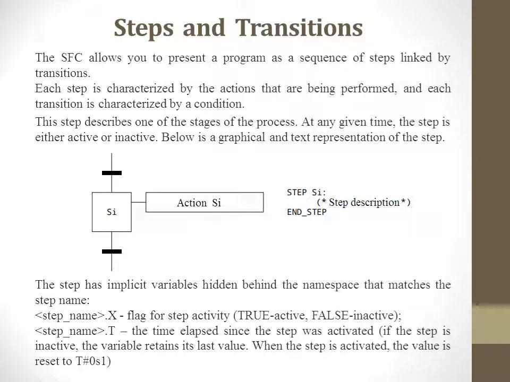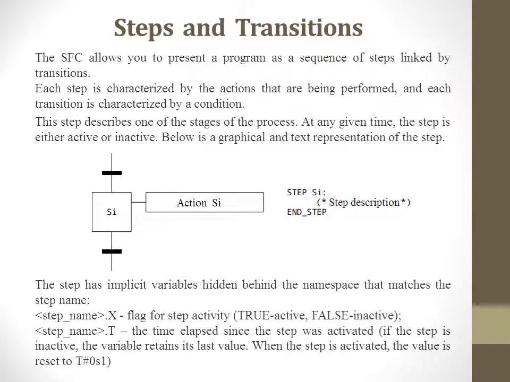The step has implicit variables hidden behind the namespace that matches the step name. This variable is a flag for step activity. If this variable has a true value, it means that the step is active. If the variable has a false value, it means that the step is inactive.